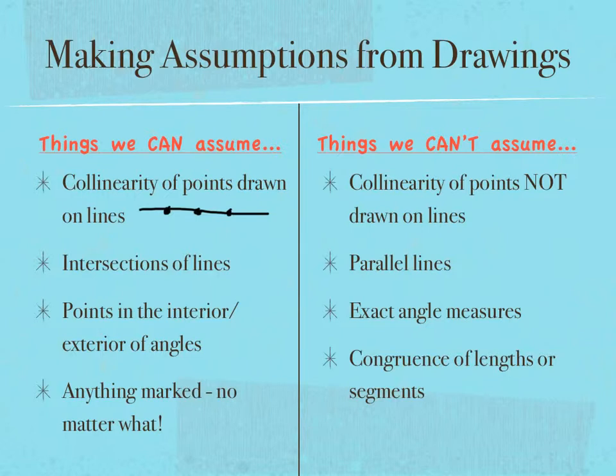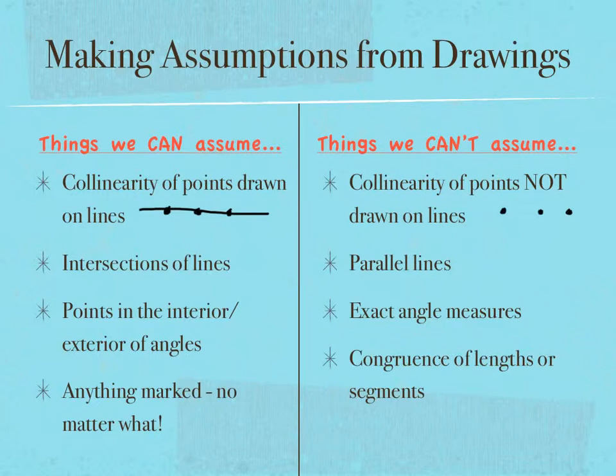But you can't assume collinearity if they're not drawn on a line. If I just draw 3 points like this, you cannot assume that those are in a straight line unless I actually have a line drawn for you. Does that make sense? If I draw them on a line, even if they look crooked like mine do, you have to assume they're on a straight line together. If I don't draw the line, you can't assume that.